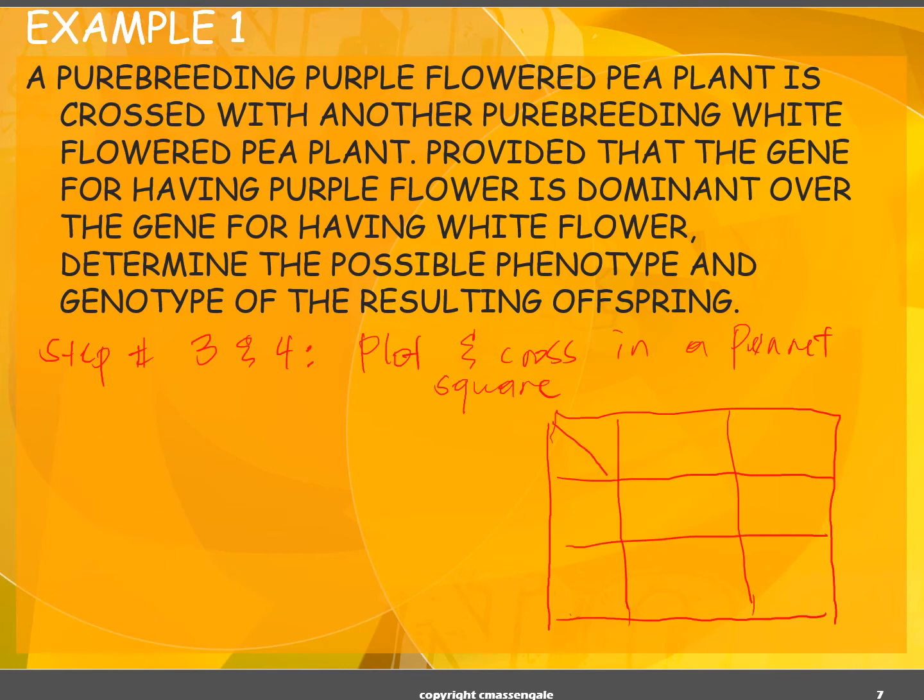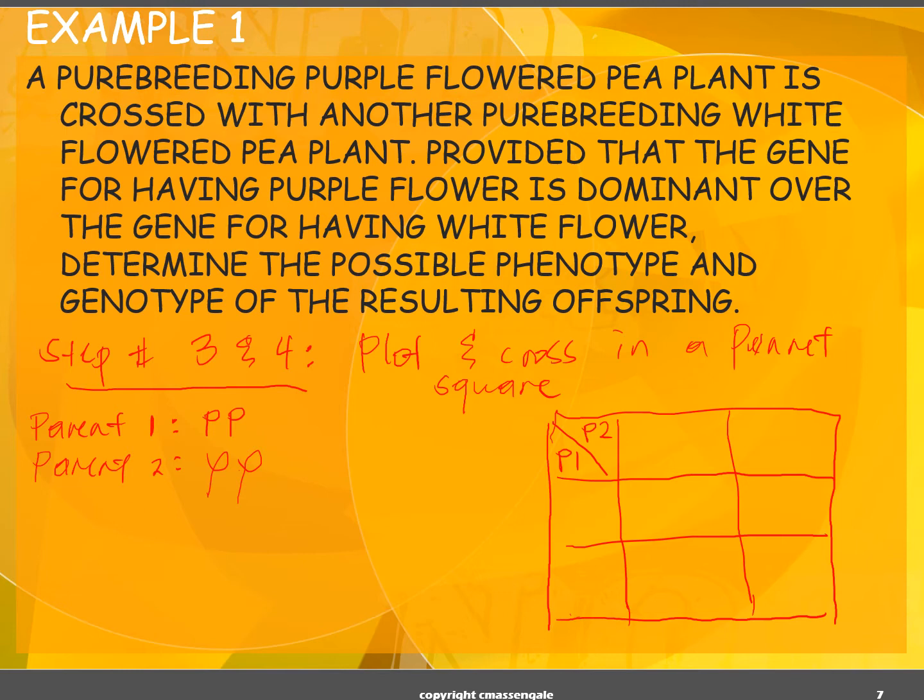You will write down here the genotype of parent number 1 and you will write down here the genotype of parent number 2. So going back to step number 2, we have seen that the genotype of parent number 1 is capital P, capital P, and parent number 2 is small p and small p.